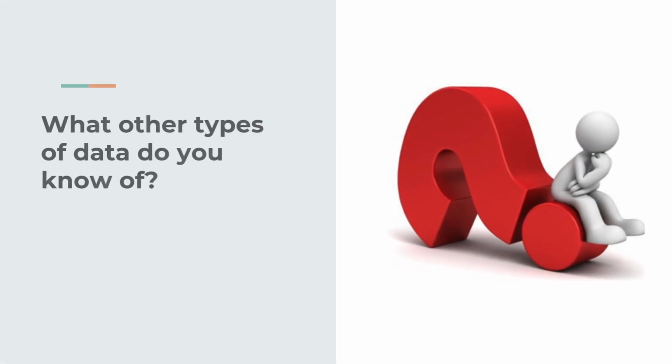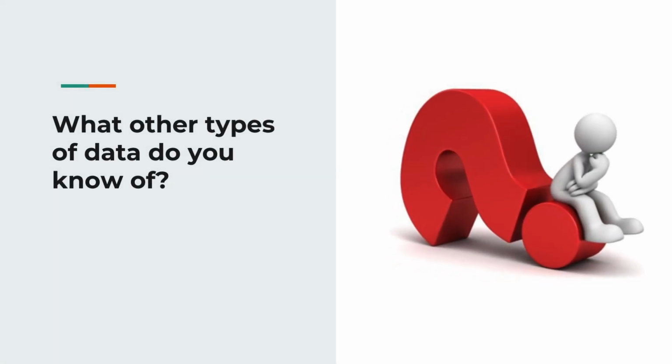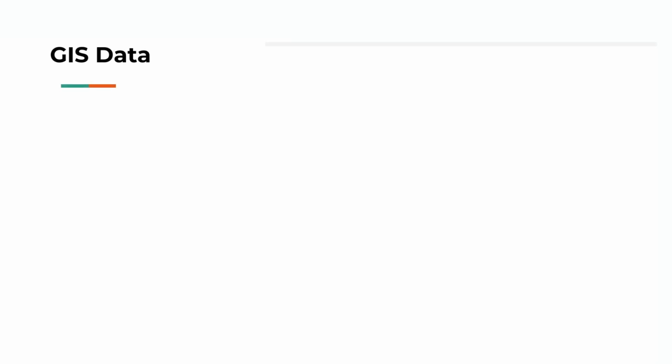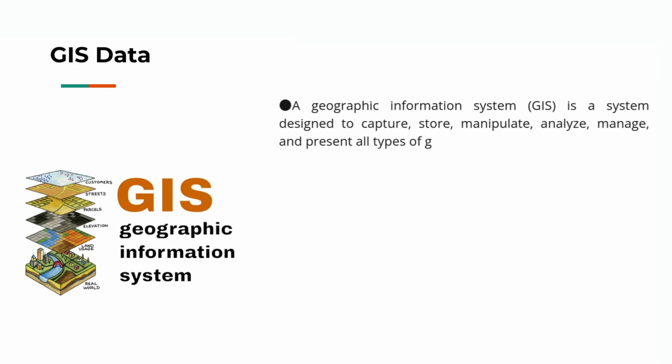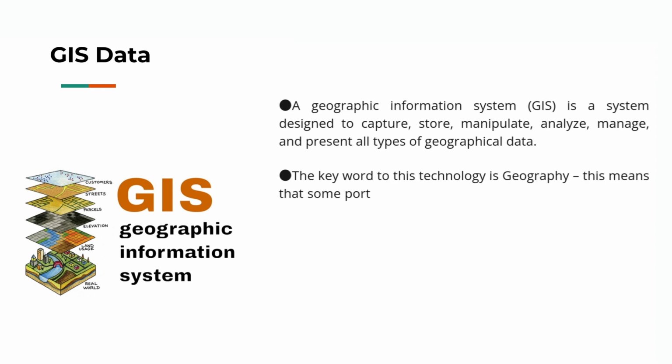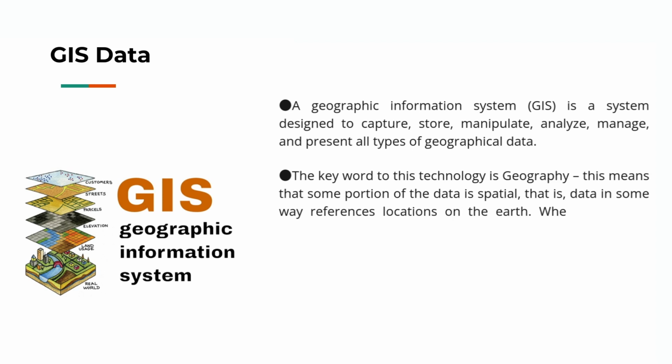Now, what other types of data do you know of? Let's explore further and talk about GIS data. GIS data is derived from a geographical information system which is designed to capture, store, analyze, manage, and present all types of geographical data.